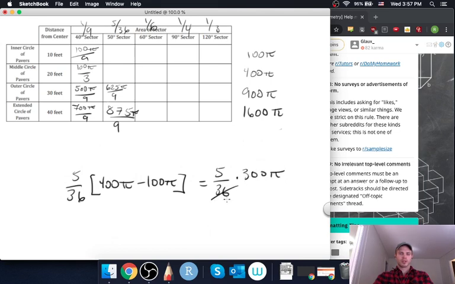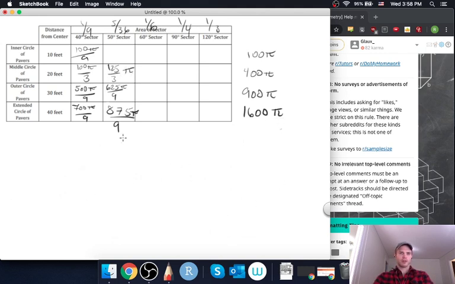This has a factor of 3, that has a factor of 3, and then we can get 3 and 25. So this is 125 over 3 pi, and that does not simplify.